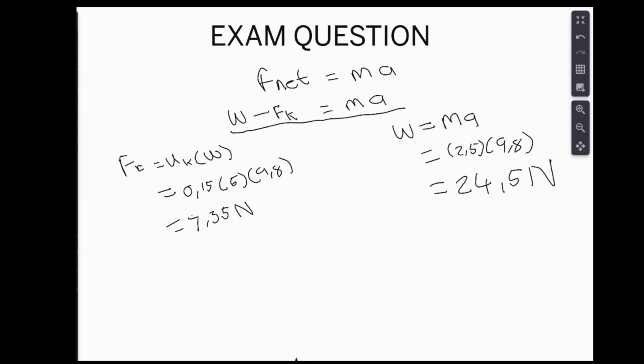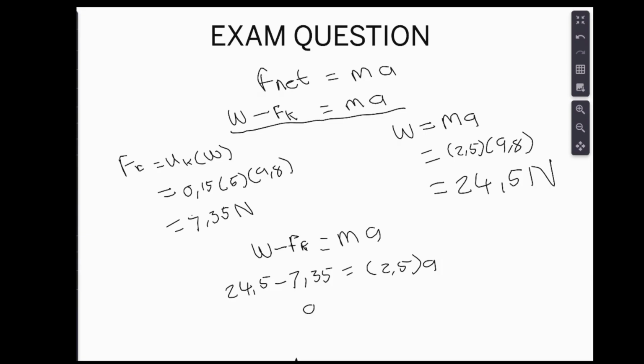Now, we know that the block that is moving is this 2.5 kg block. Now we want to know how fast it's accelerating. So we come back here and write this formula: the weight minus the force of kinetic friction is equal to mass times acceleration, right? That means 24.5 minus 7.35 is equal to 2.5a.